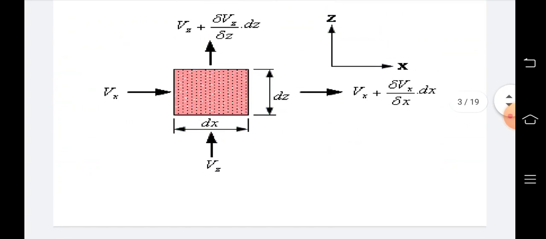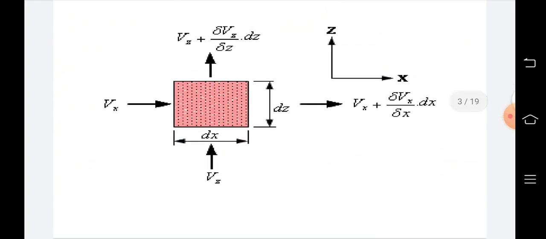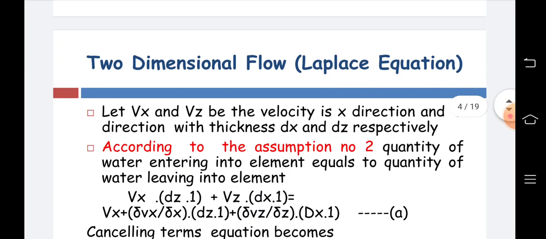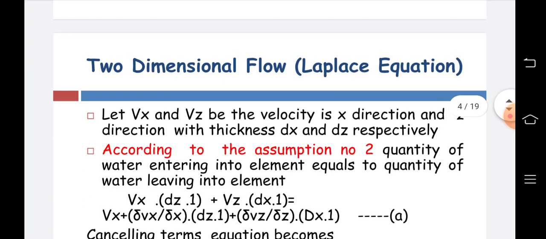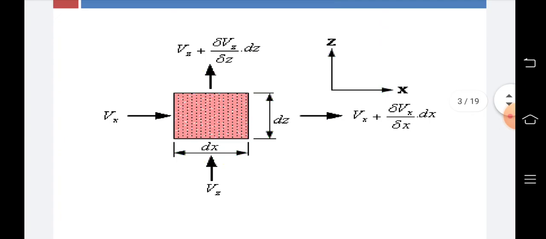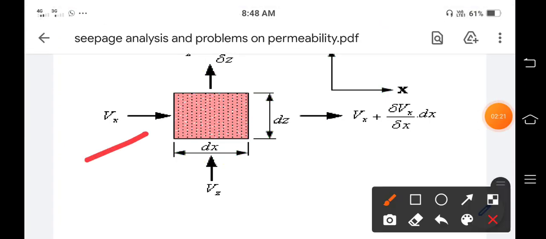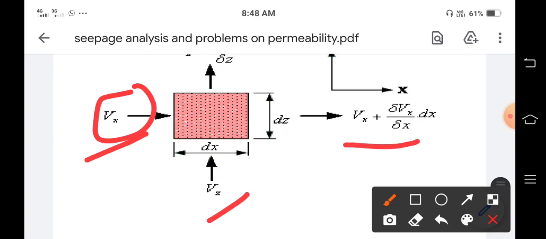He modeled one soil sample specimen. Vx and Vz are the velocities in the x direction and z direction. These are the inlet components, and the corresponding outlet components, यहाँ से flow जा रहा है.